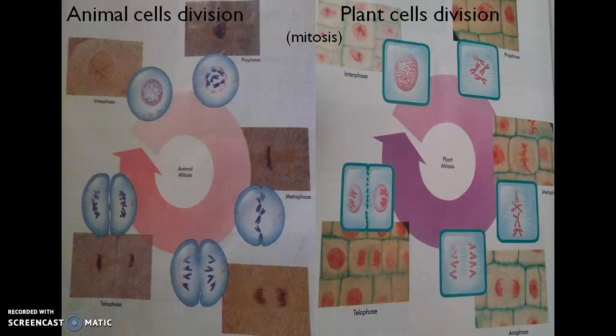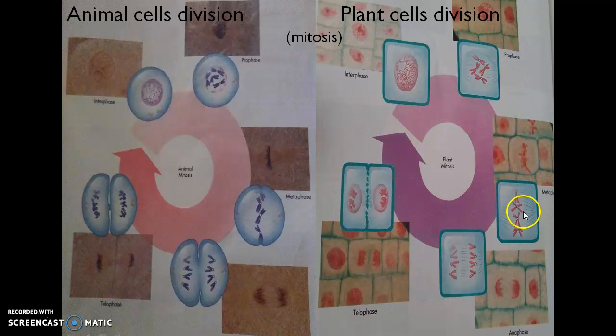Now I will give you a hint about the difference between animal cells and plant cells. As you know, plant cells contain a cell wall, however animal cells don't. Animal cells have centrioles, which produce spindle fibers, but plant cells don't have centrioles, though they can still produce the spindle fibers.